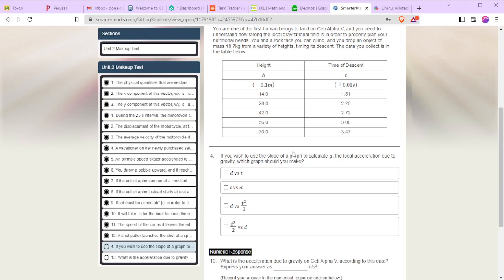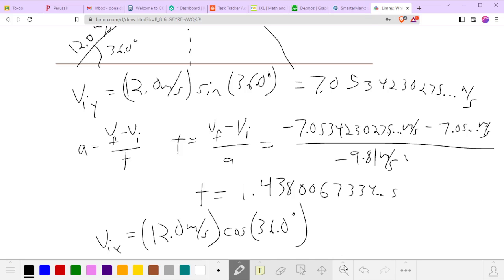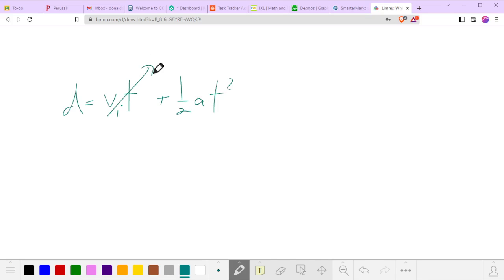So to find our slope, the linearized version of the graph, we take d is ViT plus 1/2 AT squared. Now our initial velocity is 0. So our d is 1/2 AT squared. We are looking for acceleration. So we want that to be our slope.